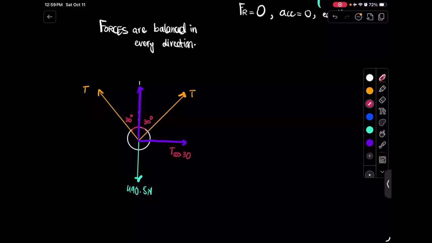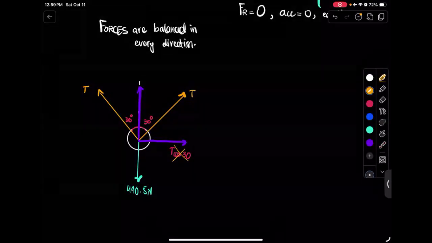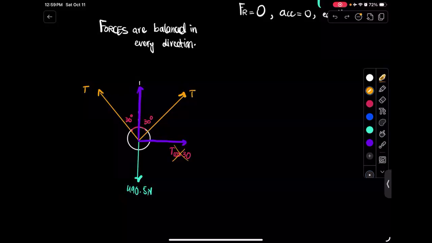Now, here's where it gets interesting. In this question, this is not going to be T cos 30, because the angle that you've been given is actually this one. In all my previous examples, you were given this angle theta.